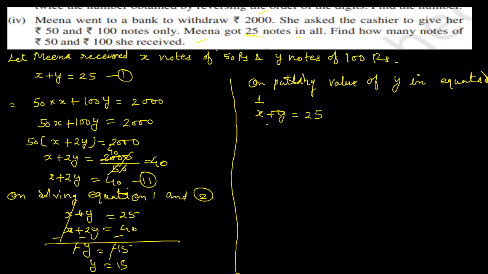This is our equation 1. So x plus 15 is equal to 25. x is equal to 25 minus 15. So x is equal to 10.